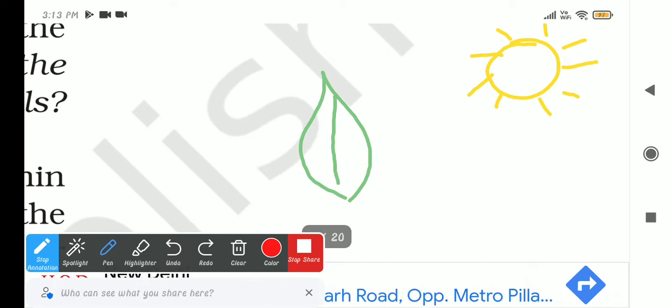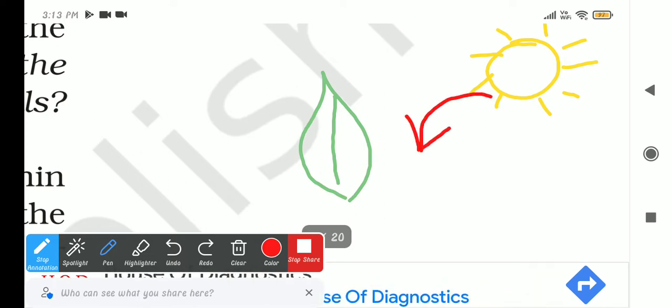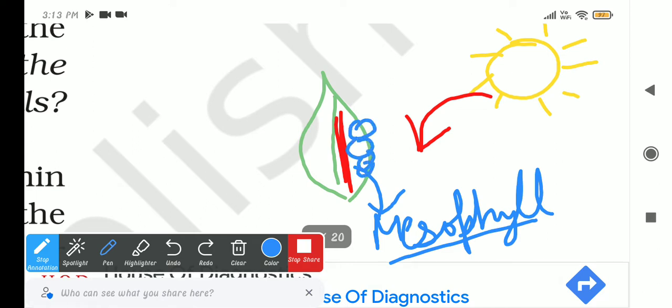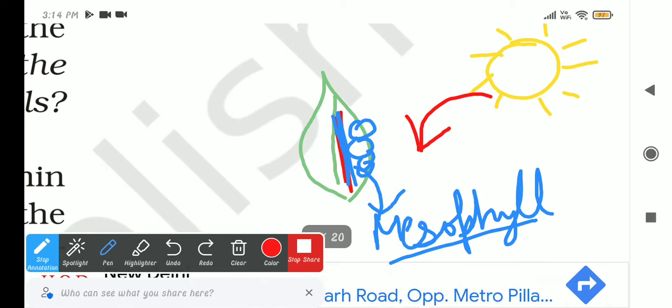From the sun, we are getting the incident light on the leaf. This is our mesophyll cell, which has the chloroplast aligned at the wall. It will be easier if it is lying at the wall of the mesophyll cell, so it will become easier for it to trap the sunlight. That's why it is aligned along the walls of mesophyll cells.